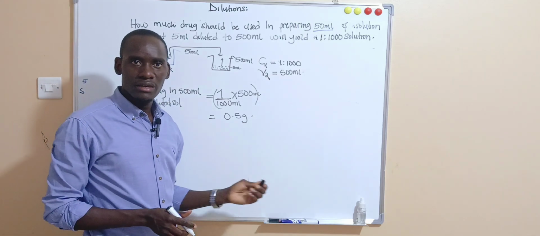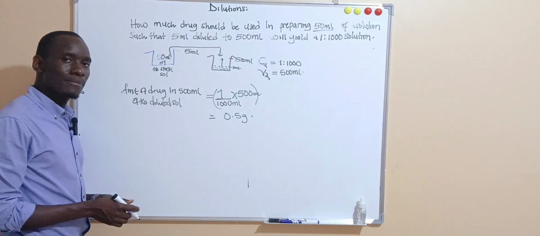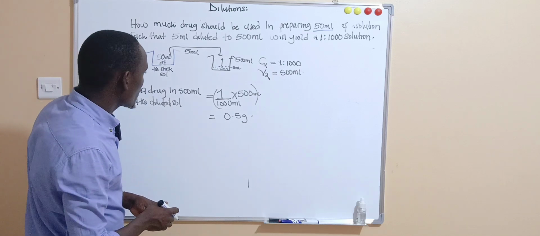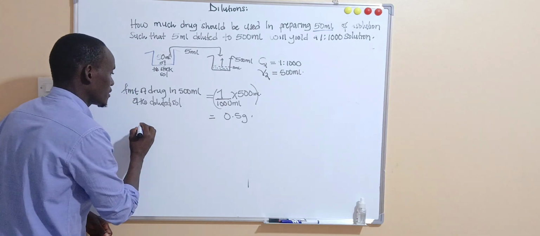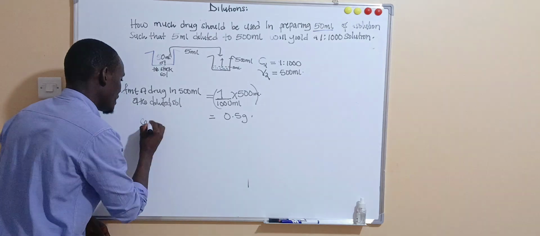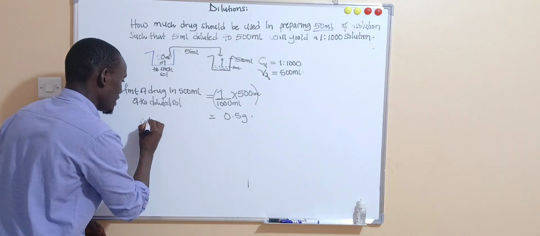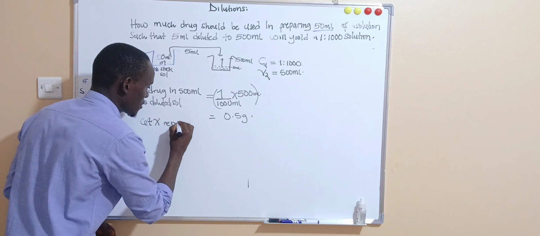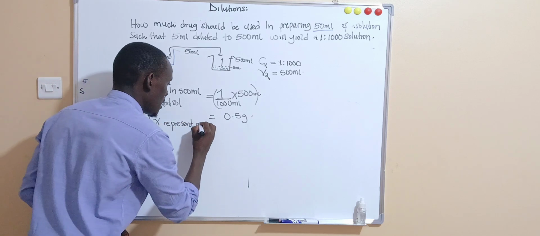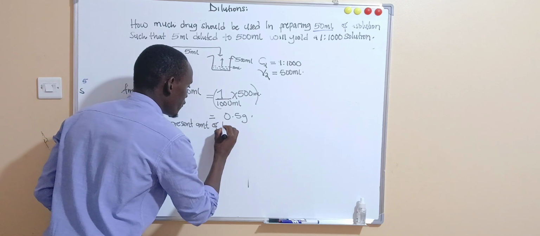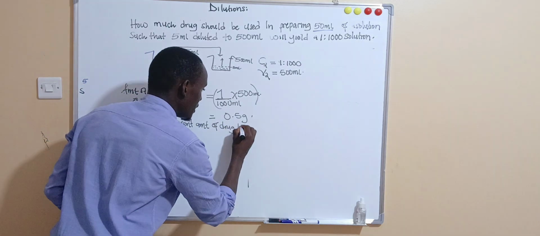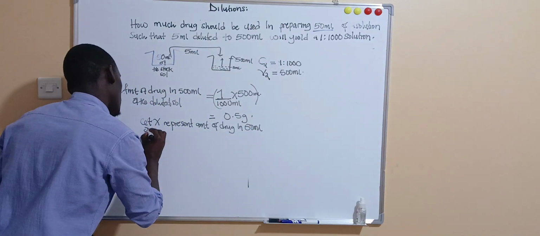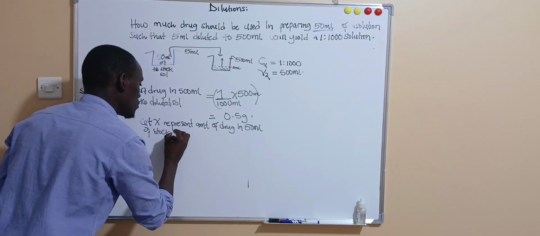How do we do that? We are going to set up equivalent fractions, where we are going to say let X represent the amount of drug in 50 ml of stock solution.